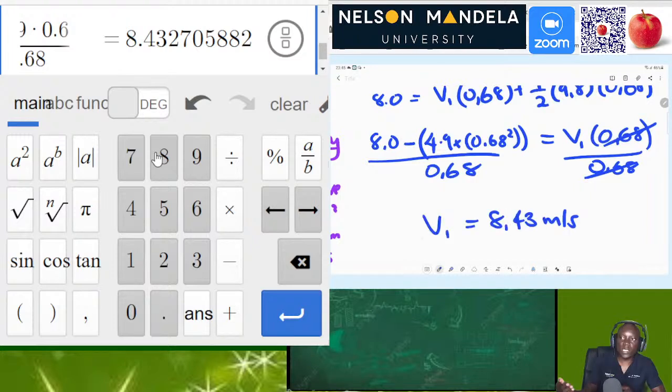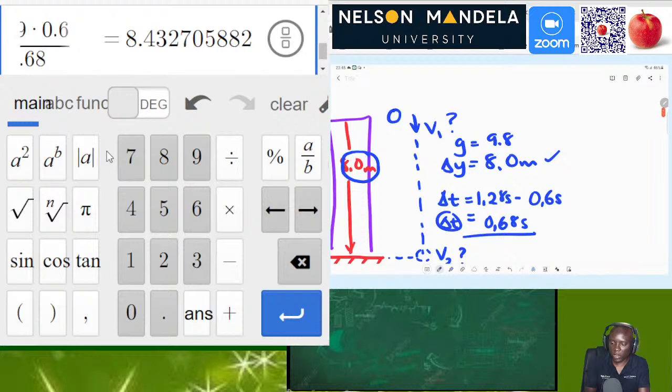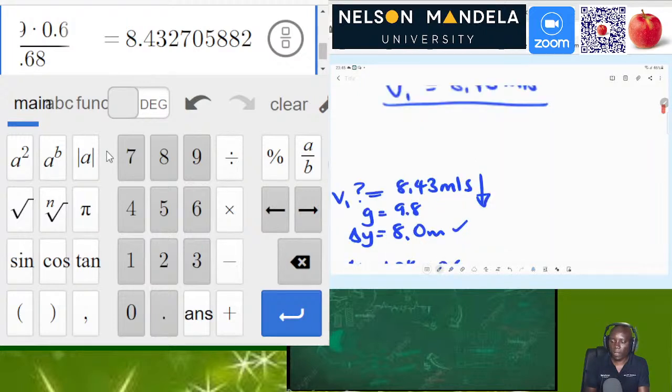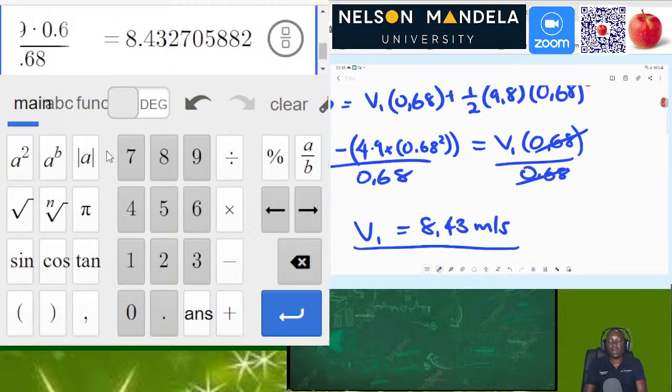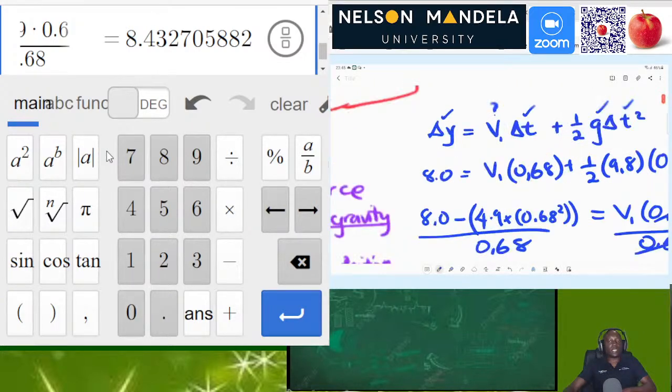It says speed, so we don't need to give direction. This is just the speed with which ball B is thrown downward. We found the answer there: 8.43 meters per second downwards. So we found that one by using the times.